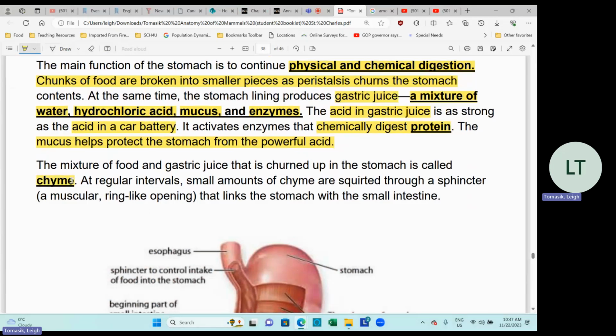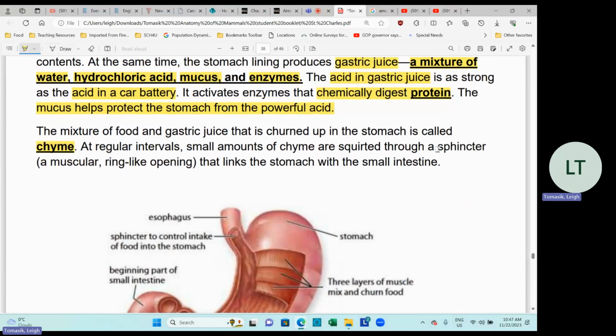So the food entered as a bolus, as a ball, but when it leaves, it's a gross, squishy liquid, right? It's the same sort of liquid that if you vomited, that's what would come up, right? So that's called chyme. At regular intervals, small amounts of chyme are squirted through a sphincter. So this word sphincter is a hole, right?